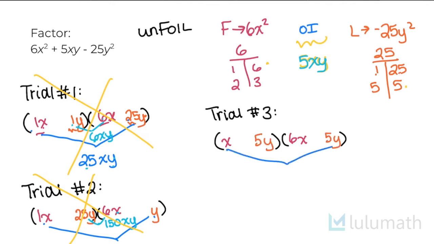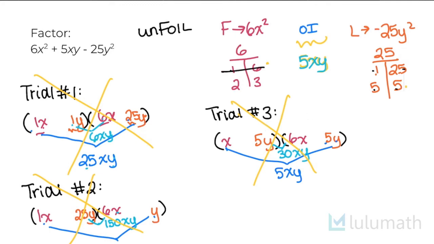Our outer here, x times 5y, is 5xy. And our inner here, 5y times 6x is 30xy. And again, I cannot get this 5xy that I'm looking for here. So trial number 3 does not work, which means that 1 and 6 combined with the 1 and the 25 or the 5 and the 5 is just not going to work. We don't need to do a swap here because they're identical numbers.